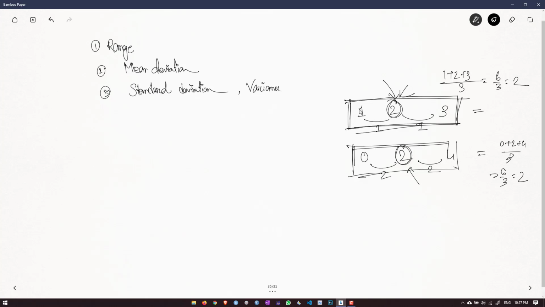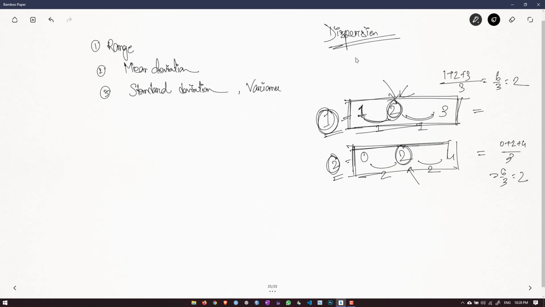But if I also tell you that one data set is changing at a rate of 1 and the other at a rate of 2, then you can clearly distinguish one from the other, right? The amount at which the numbers are increasing or decreasing is different for these two data sets. This amount of increase or decrease, or the difference between different values, is called dispersion.